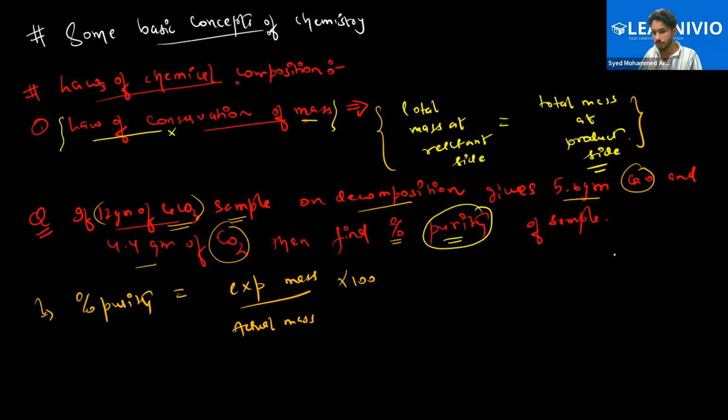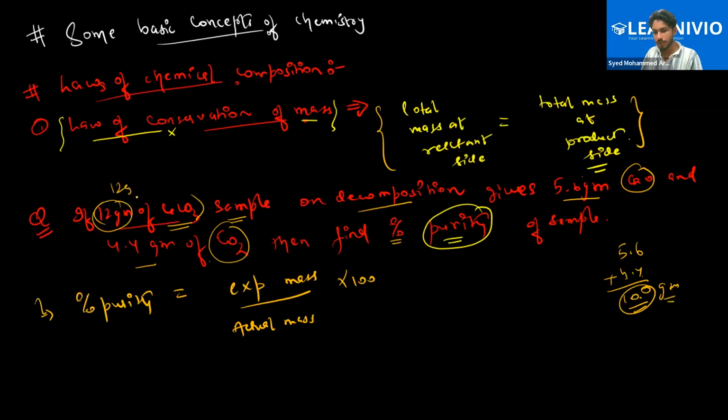Because if I add these two, 5.6 and 4.4, I'll get 10 grams. So at my product side I'll get 10 gram, and I am having 12 gram.